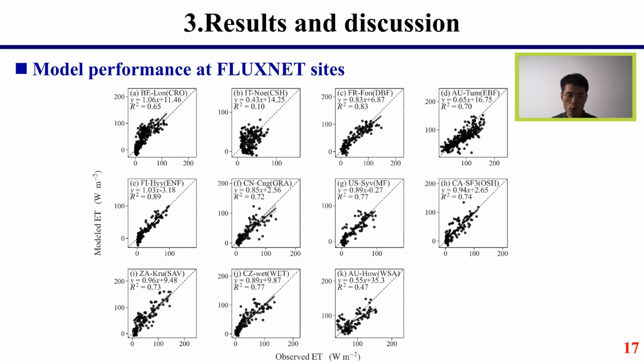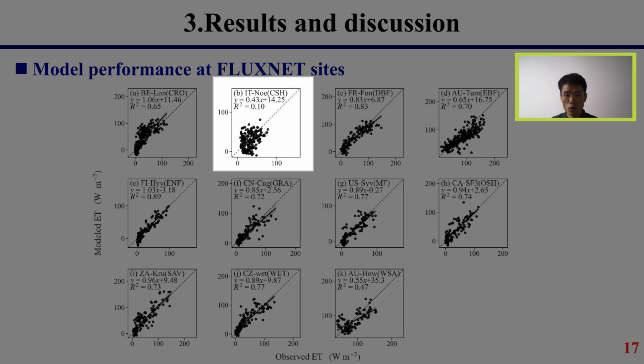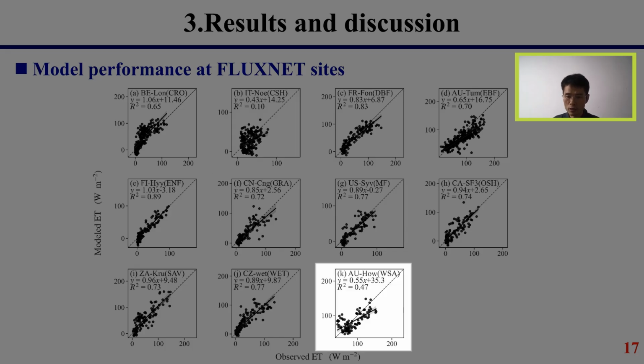If we look at the R square, most are around 0.7 or 0.8. But for some sites, like this closed shrubland, the R square is only 0.1, so the performance is not satisfying. Also for this woody savanna, the results are not satisfying.